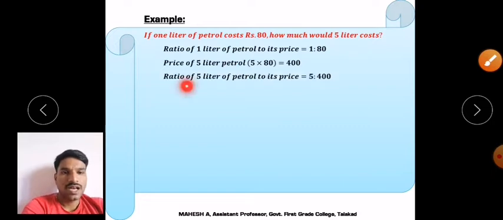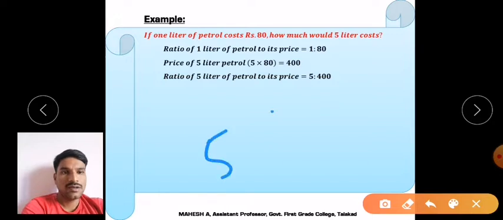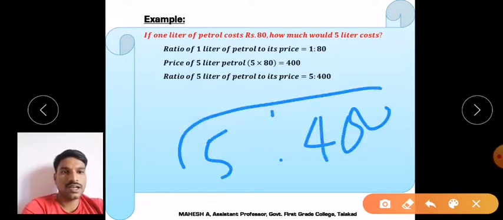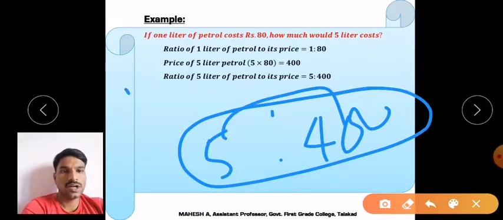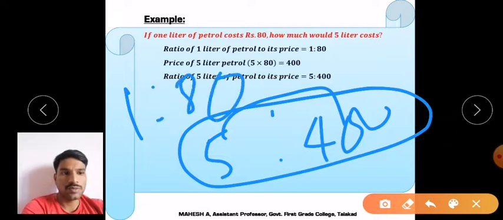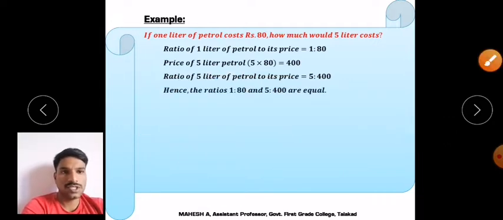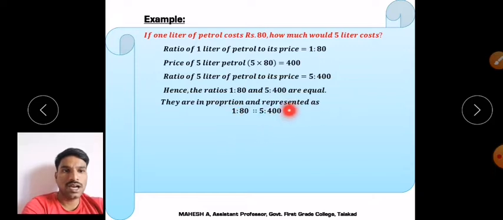Next, the ratio of 5 liters of petrol to its price: 5 liters costs 400 rupees. This is the ratio 5:400. These are the two ratios we arrived at. Hence the ratios 1:80 and 5:400 are equal. It is expressed as 1:80 is equal to 5:400.